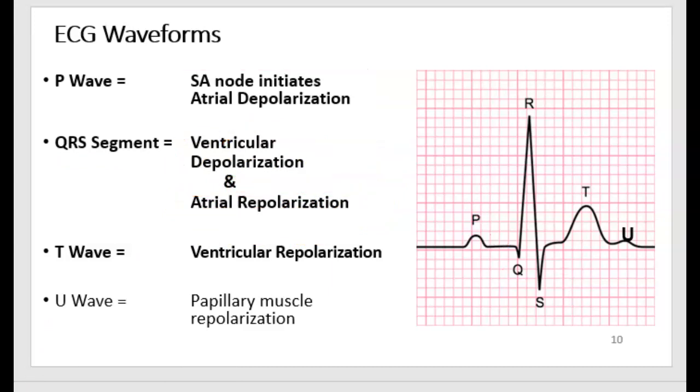Now the T wave is the time period when potassium is leaving the ventricular cell, but it's happening in a lot of cells, and therefore the ventricles are repolarizing during this T wave. The U wave has to do with the papillary muscle, which is attached to a chordae tendineae of a valve. We didn't talk about when that depolarizes, but it's going to be somewhere in the QRS segment. I'm not sure exactly early or late.